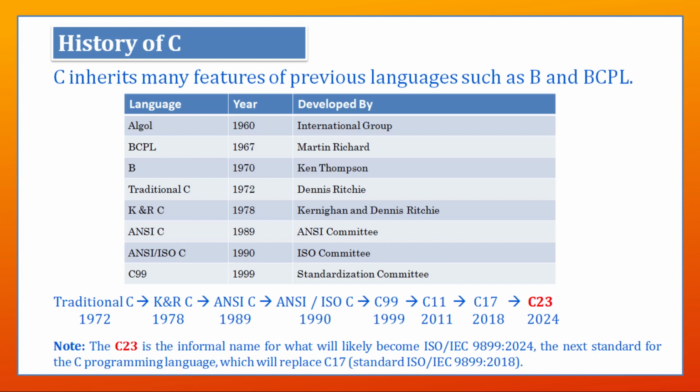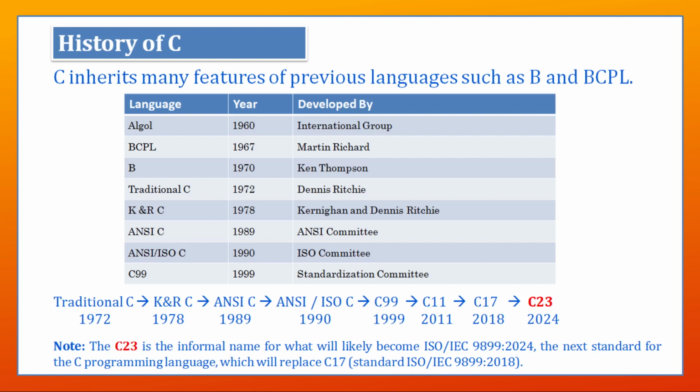Starting from the year 1972, the various standards of C are given below. Traditional C developed in the year 1972, K&R C 1978, ANSI C standard 1989, ANSI ISO C in the year 1990, C99 standard in the year 1999, C11 standard in the year 2011, C17 standard was introduced in the year 2018.